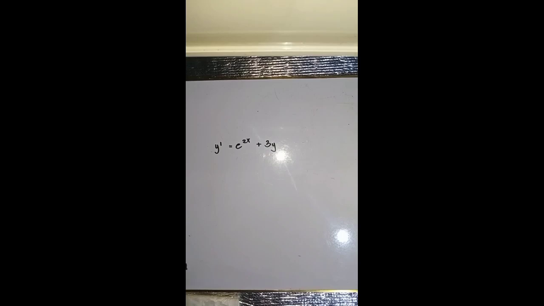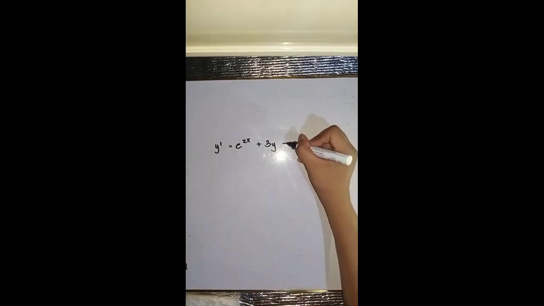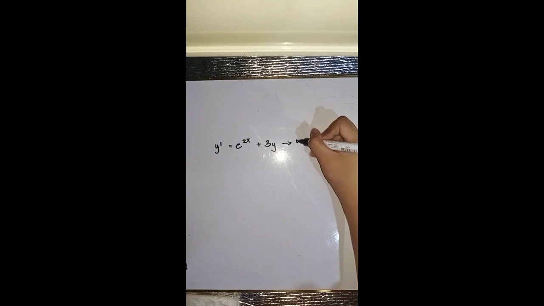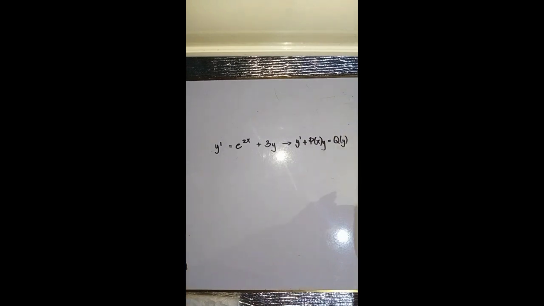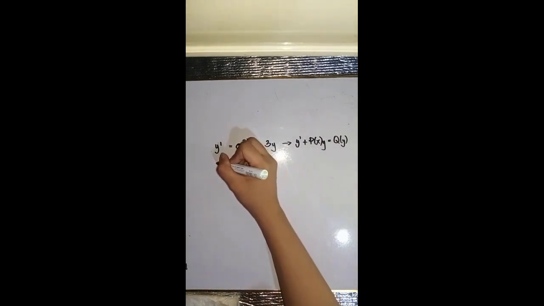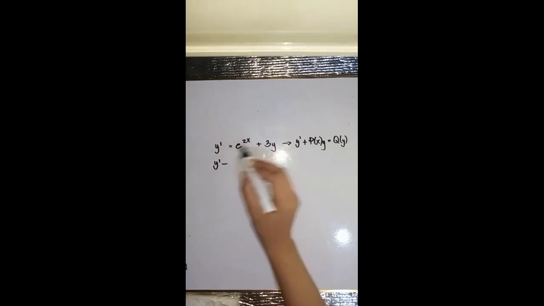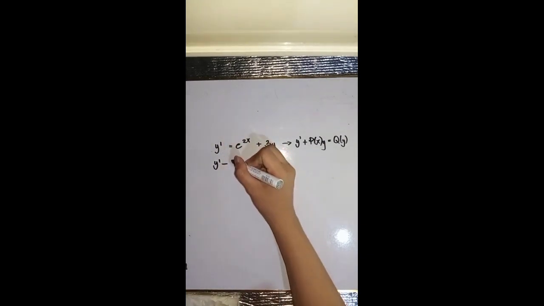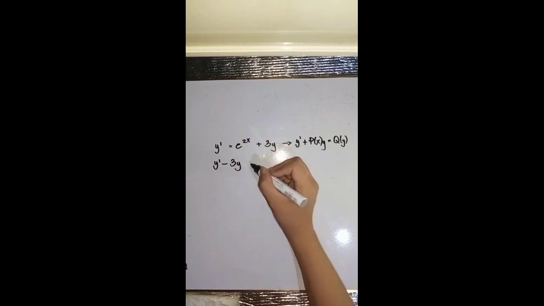Now, we all know that the first process in solving a linear differential equation is to write it in its standard form, which is y prime plus p of x multiplied to y equals q of x. Now, this first equation must be transformed, so y prime minus 3y equals e raised to 2x.